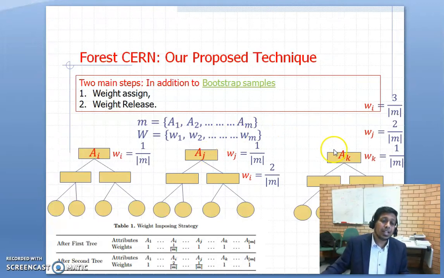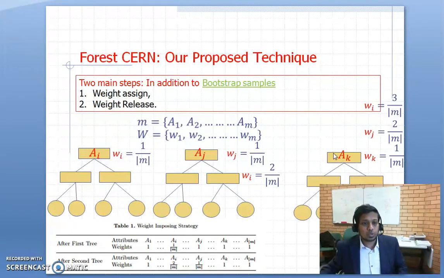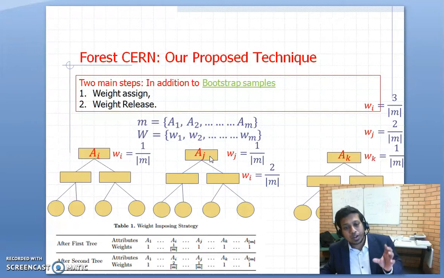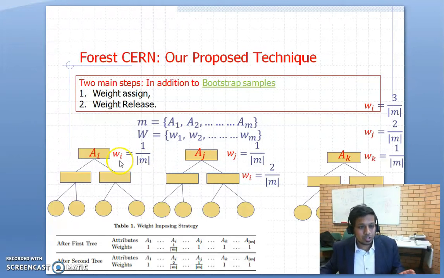But then for building the third tree, we also have a weight release mechanism. For example, the attribute Ai, because it has not been tested in the second tree, we release a little bit of weight for it. That is, we add again 1/m to its weight.